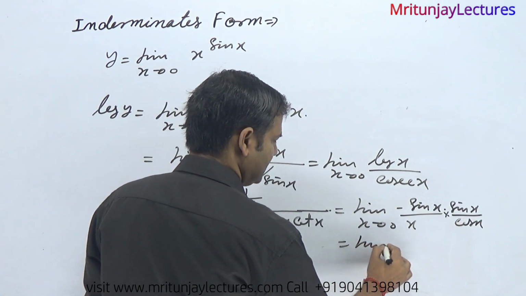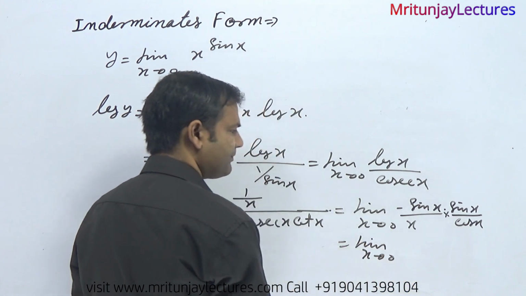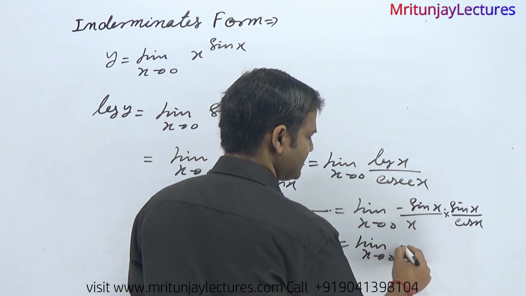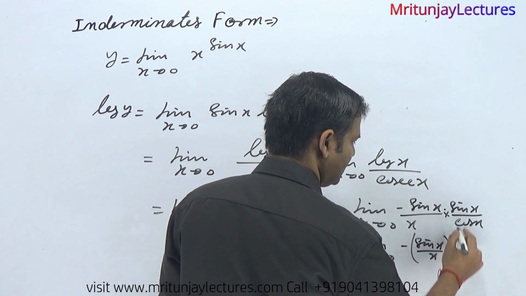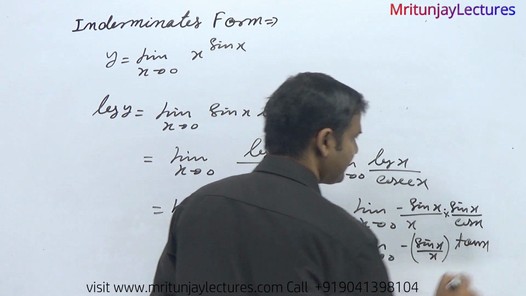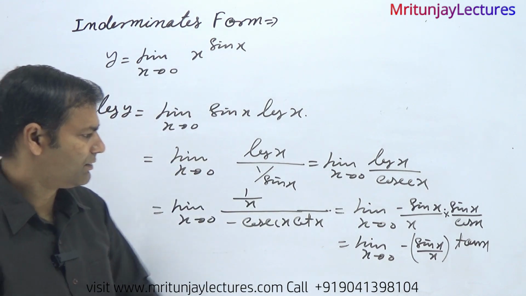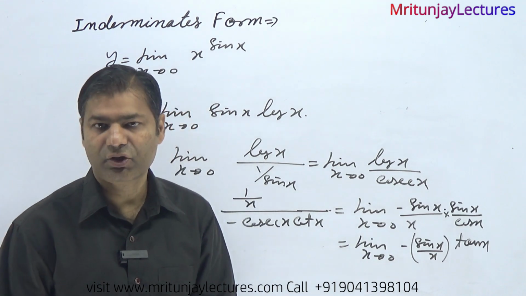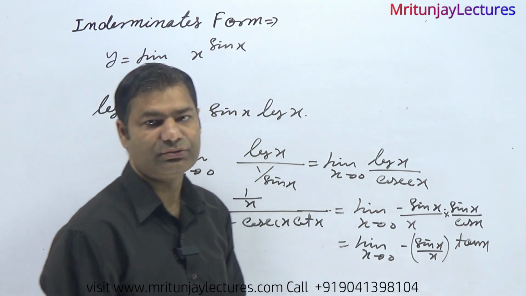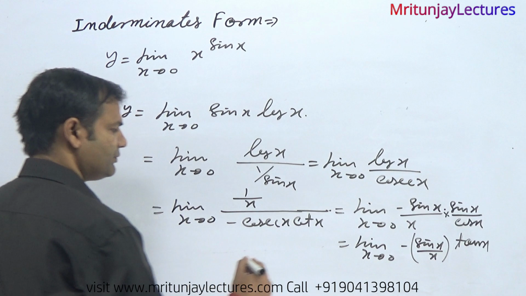That is limit x tends to 0 of sin x upon x, which is 1, into tan x. If we put x equal to 0, tan 0 is 0. So the final limit is 0.